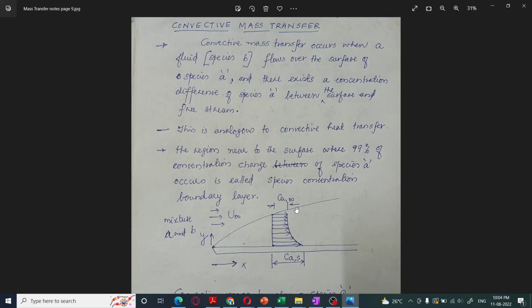So free stream concentration of the species A in the gas or liquid which is flowing. So there is a region where the majority of the concentration difference takes place from the surface concentration to the free stream concentration, just like we had a thermal boundary layer. So this small region in which 99% of the concentration variation of the species A takes place is called the species concentration boundary layer.